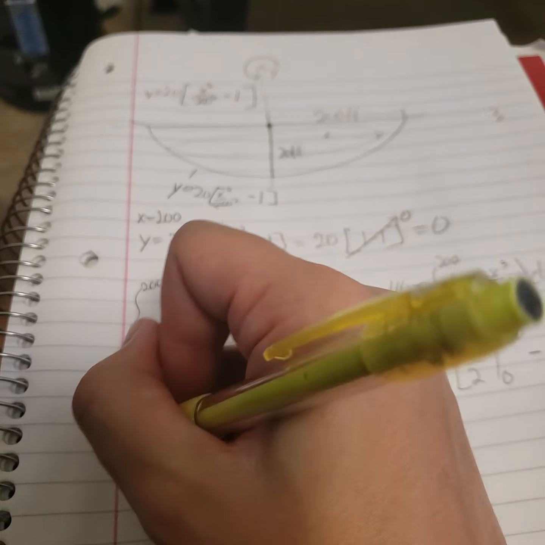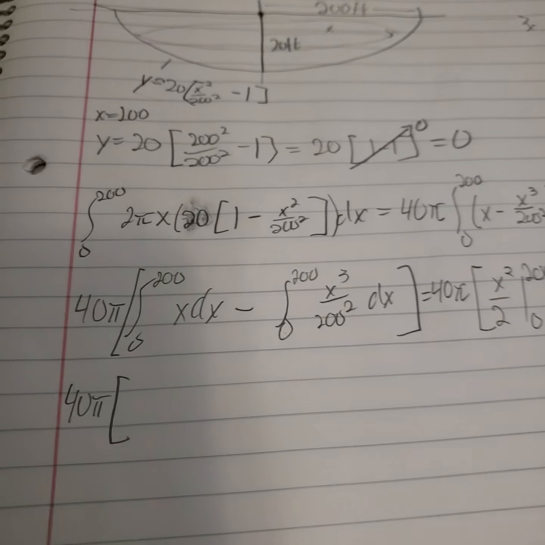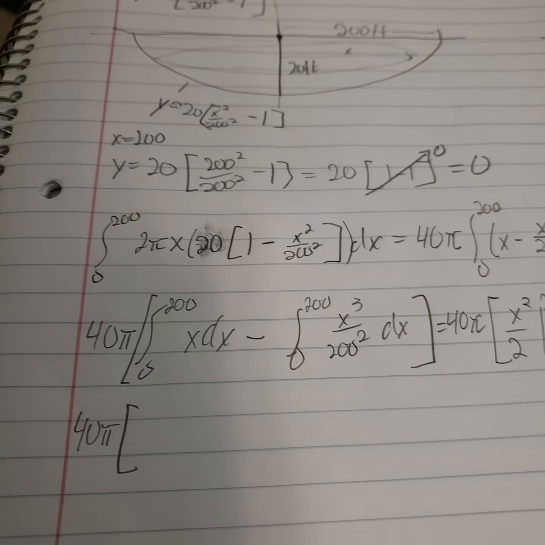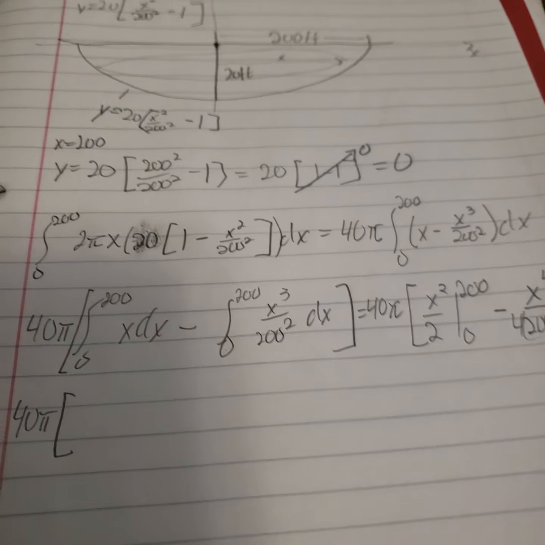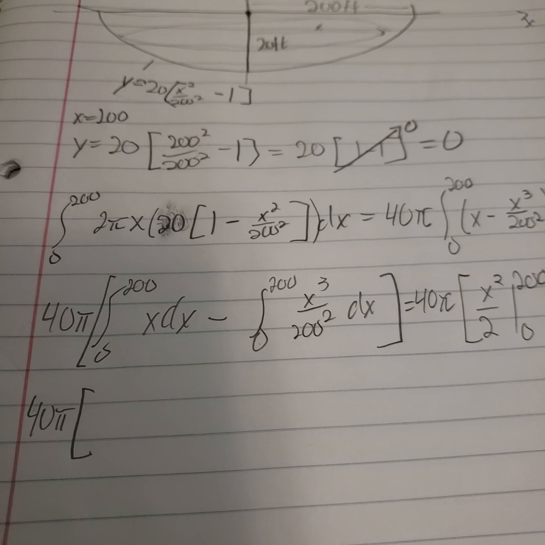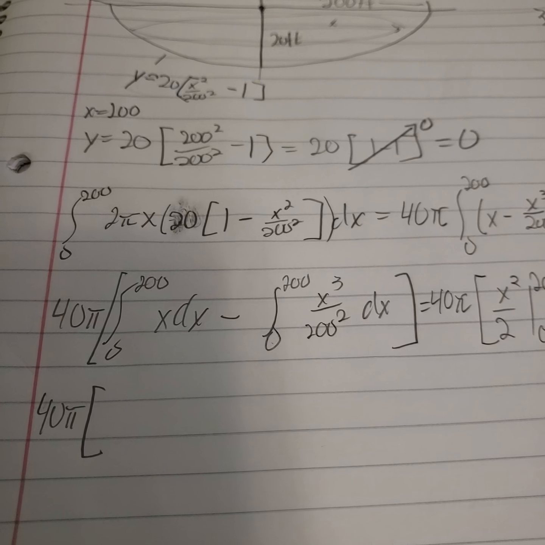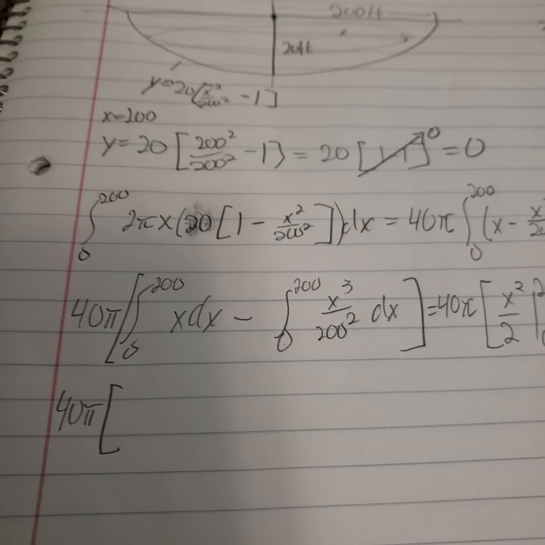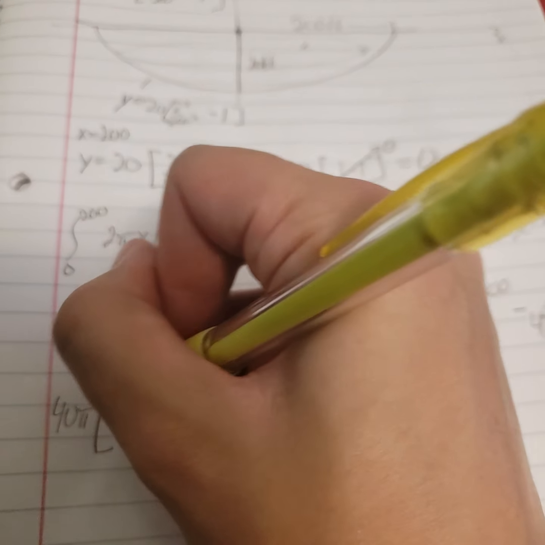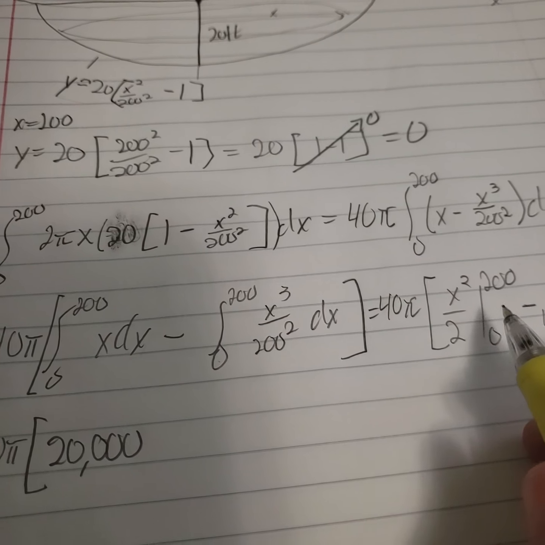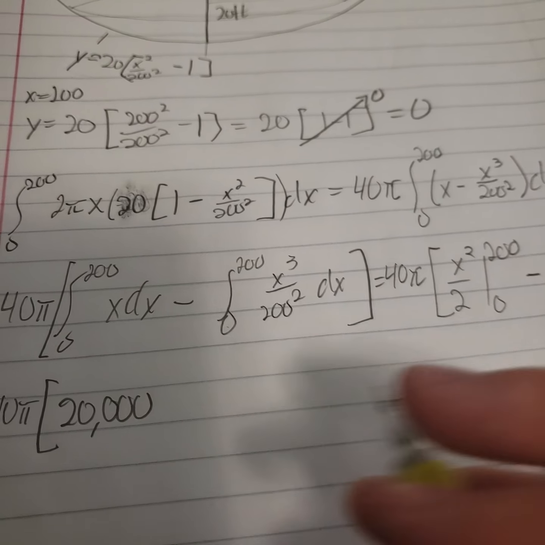Now, we will get 40 pi times 200 squared, which is 40,000, but then you have to divide it by 2, so you get 20,000. Just confirming it with my calculator. Okay, so we have 20,000 right there.